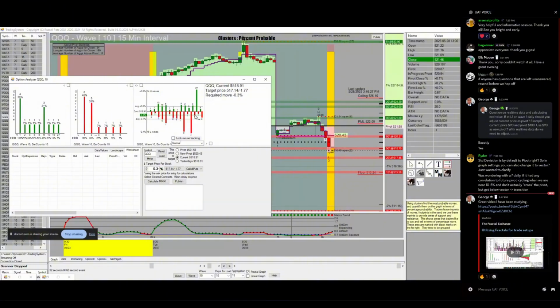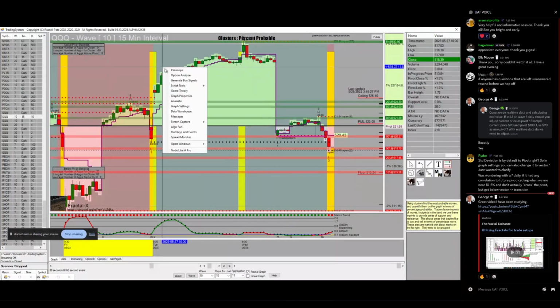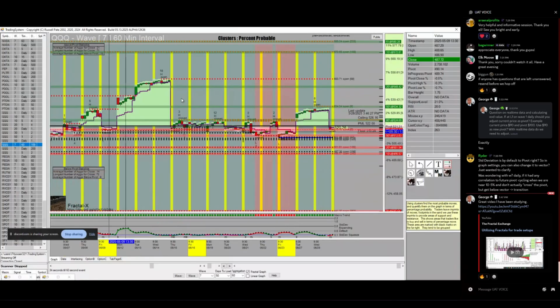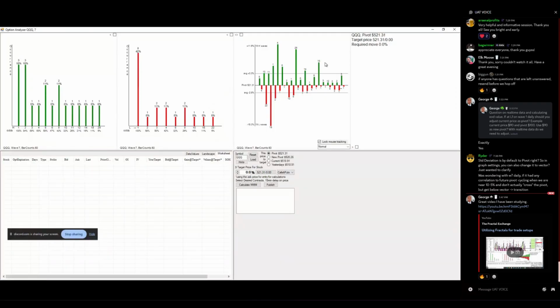When you load a larger sample size, you see it more, like you were a little bit ago. Yeah, this sample size is a little small, but like Milk's saying, when you get a big one and you have more data points in there, it starts to become clear. If you load a wave one daily, it'll have more data points.